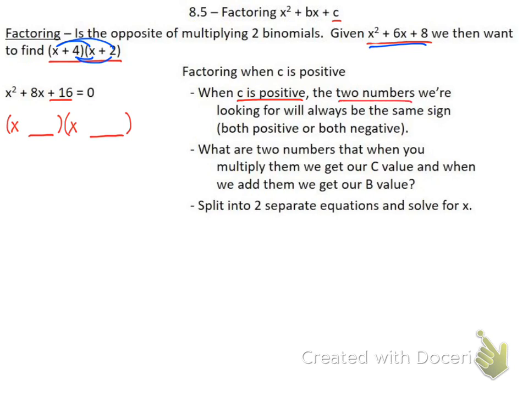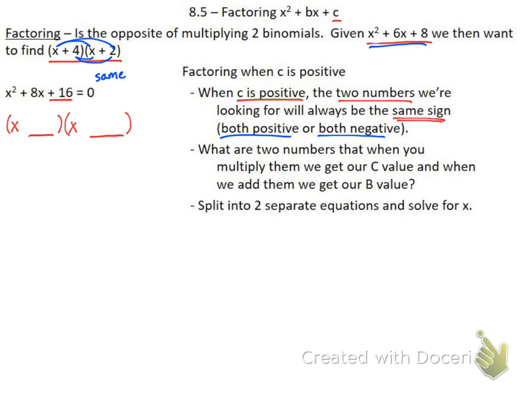The two numbers that we're looking for will always be the same sign, so either they're both positive or both negative. I'm going to write notes above my c value, so I know that they are going to be the same sign. And then the next step will tell me my next.